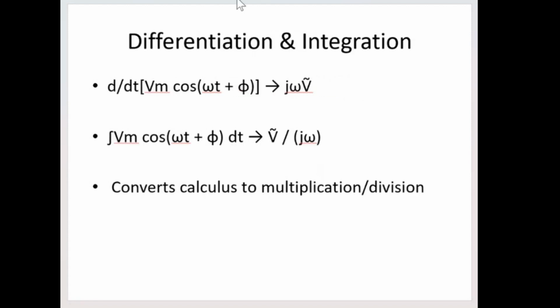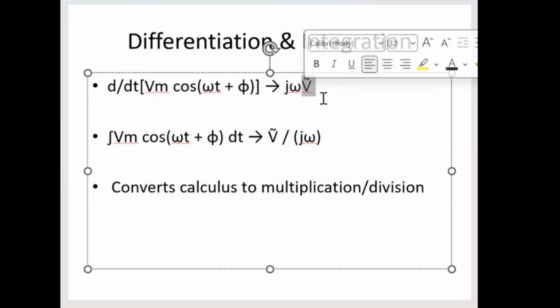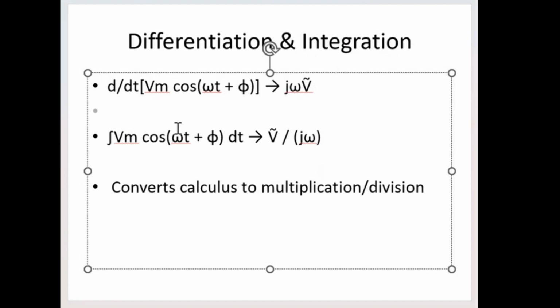Okay, differentiation and integration. If you have this time domain function for the electrical voltage and you want to take its derivative, that will reduce to j omega times v tilde, which is essentially the phasor.